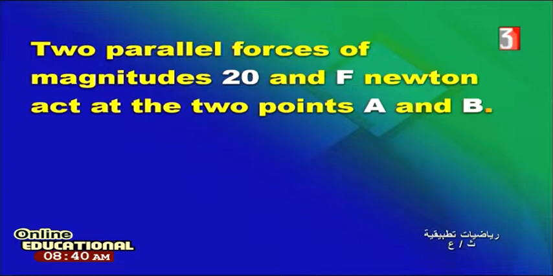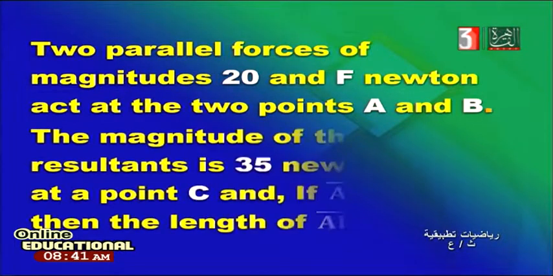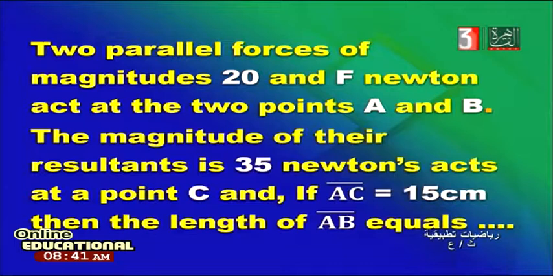Look at the first example. Two parallel forces of magnitude 20 and F Newton act at two points A and B. The magnitude of their resultant is 35 Newton. Remember, my dear student, R is 35, more than 20.